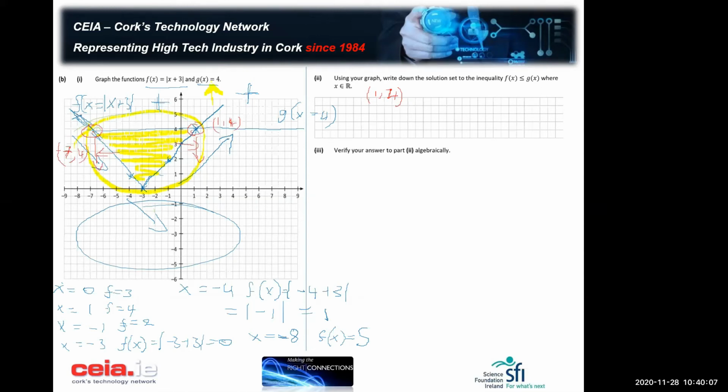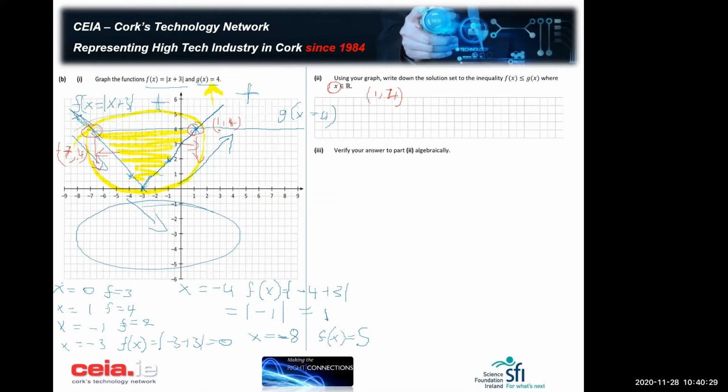So what does that mean? So -7 is the x value and 1 is the x value. The solution set, they're asking for the solution set with respect to x. In other words, between what values of x is f of x less than g of x?